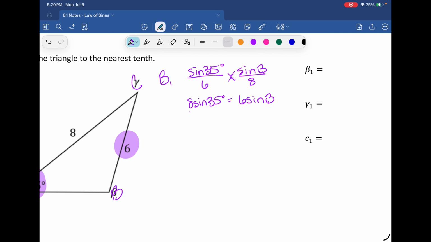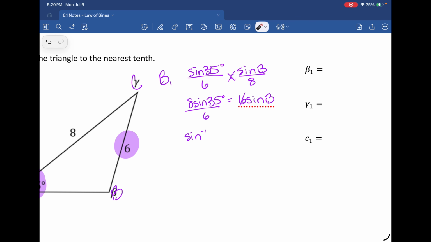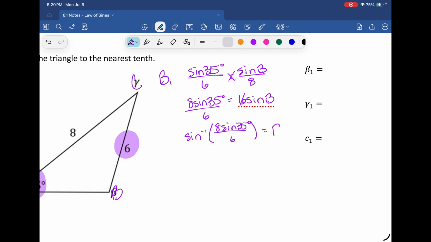And then we're going to divide both sides by 6. And then we're going to take the inverse. And the reason I want the inverse is because I'm not solving for a side, I'm solving for an angle. So I'm finding angle B down here. So we take inverse sine, 8 sine 35 degrees over 6 equals angle B1.